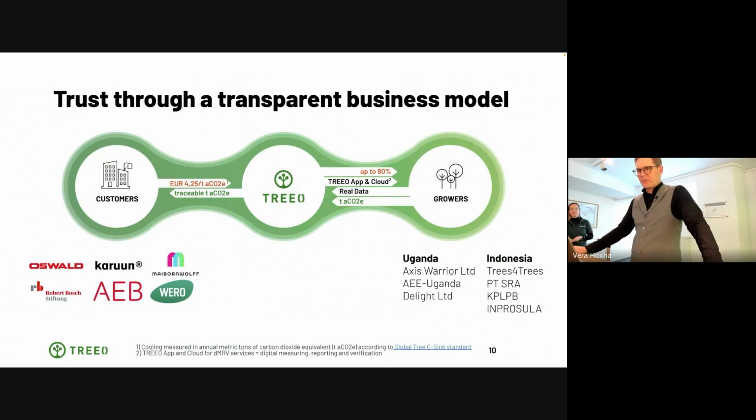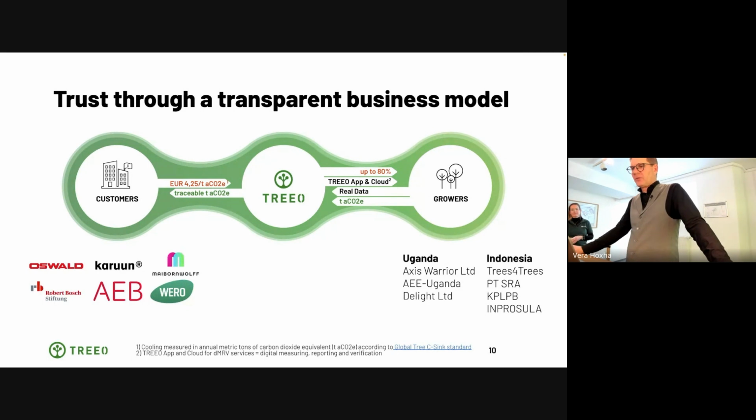missing some logos. So, okay, here we present our business model. We connect 2 markets. On the left side, you see customers who are serious about climate change. And you see the logos of the companies who agree to be shown publicly, but we have more. And how do they get a transparent and trustful carbon removal?